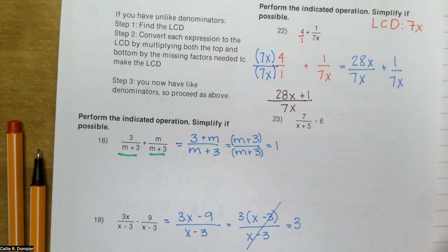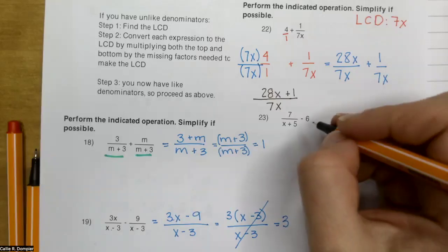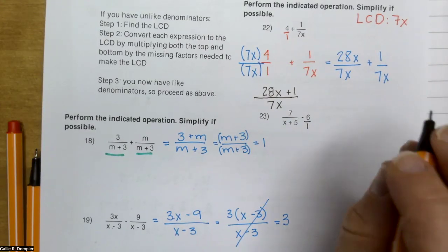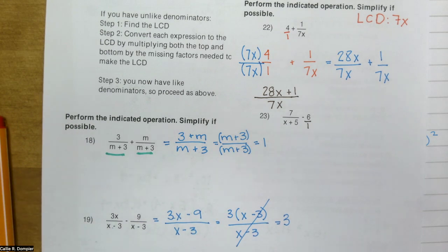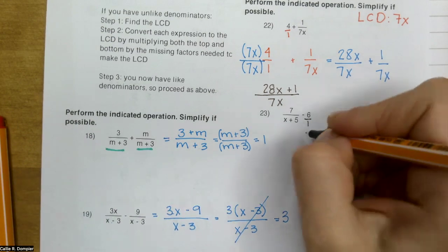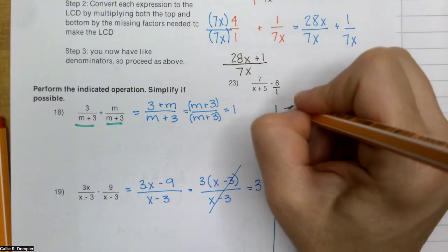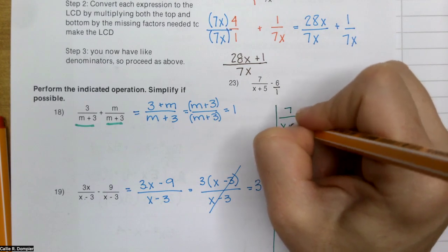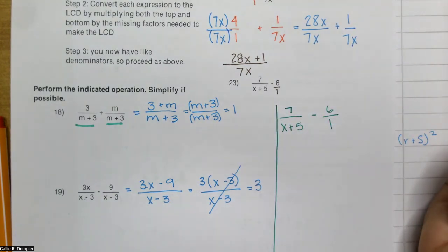Good. 23, this is our last one. 7 divided by x plus 5, minus 6. Remember, you can turn 6 into 6/1. So we've got 7 divided by x plus 5 minus 6 divided by 1.